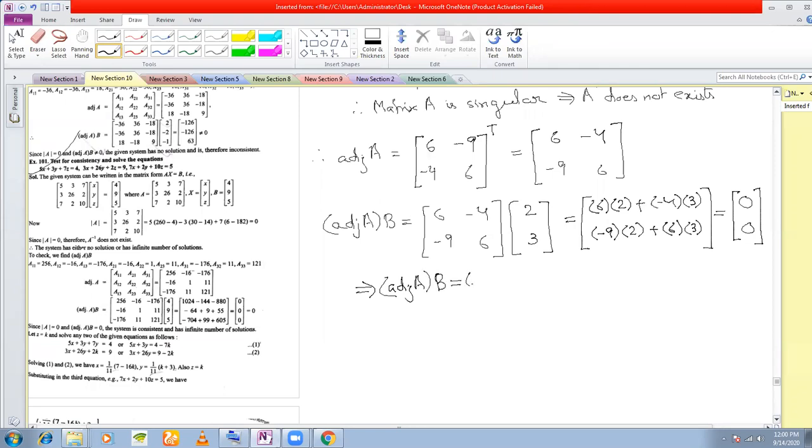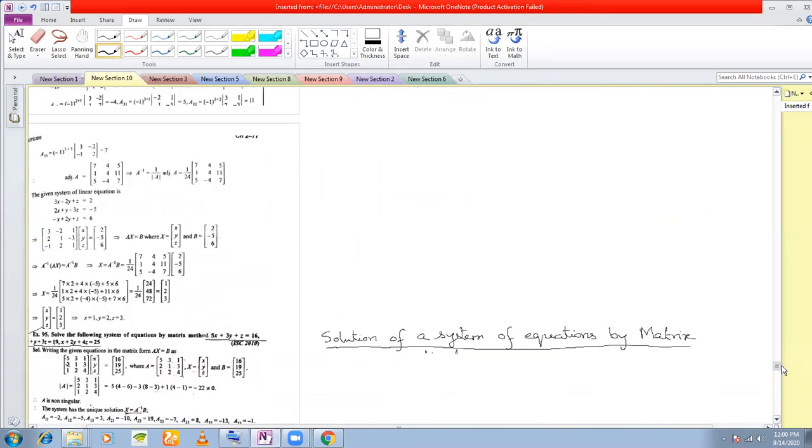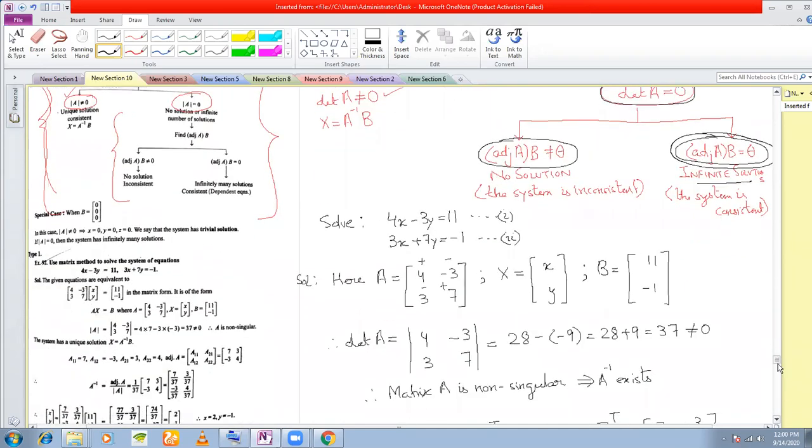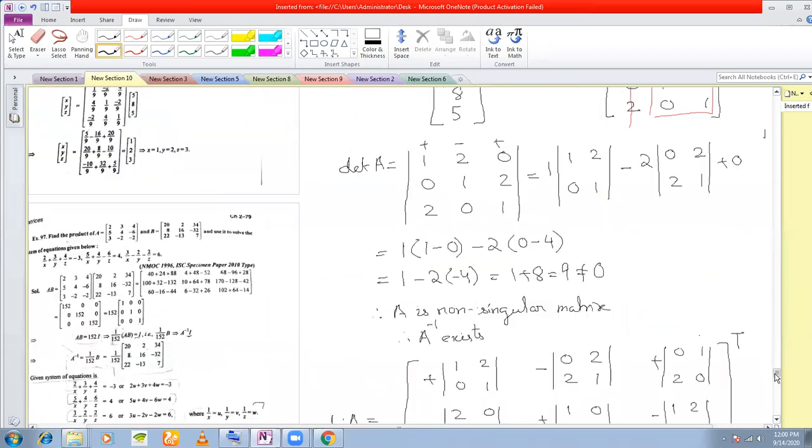So what is the case here? If it is a null matrix, we consider this case. That means it has infinite solutions. So therefore, we say that the system of equations has infinite solutions.